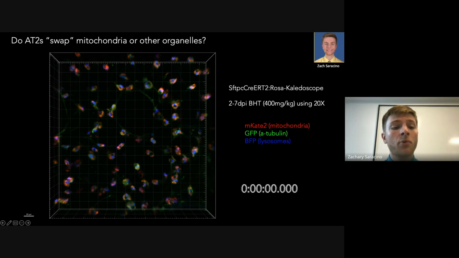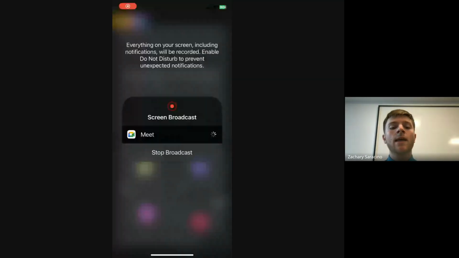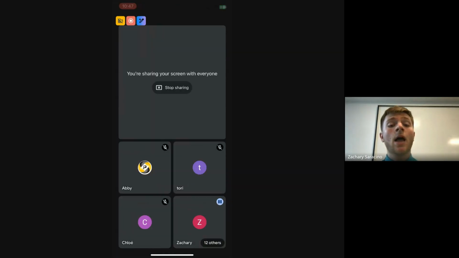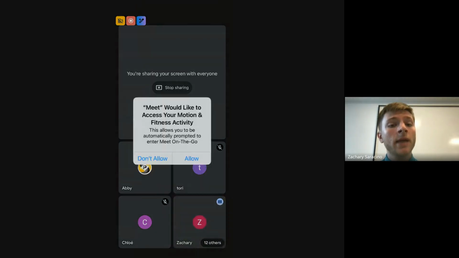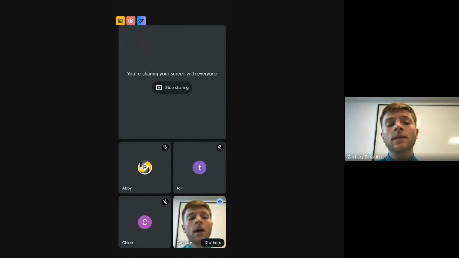And so before Chloe plays the video in the slide, I want to just preface this by saying we used a different mouse line, and this is the ROSA kaleidoscope line. In this line, you have the organelles that are able to be visualized.